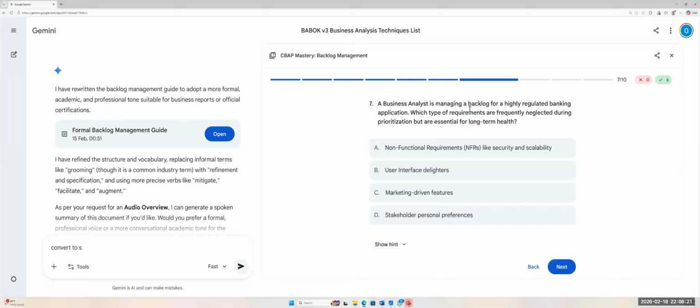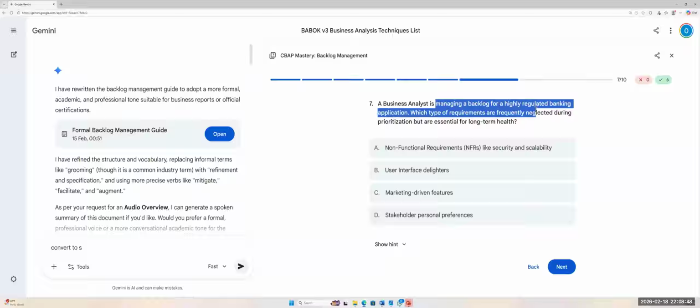A business analyst is managing a backlog for a highly regulated banking application. Which type of requirements are frequently neglected during prioritization, but are essential for long-term health? You can guess this one. The word there is highly regulated banking application.